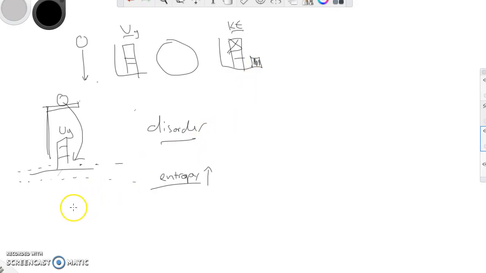So an example of entropy increasing is if you drop a ball and that ball bounces lower and lower and lower because its energy is being lost to thermal energy. That means the entropy of the universe is increasing. Okay? And so some people will even use this as an argument for why time travel is impossible, because it would be impossible to go backwards and make the entropy of the system decrease. That's against the laws of the universe. Okay?